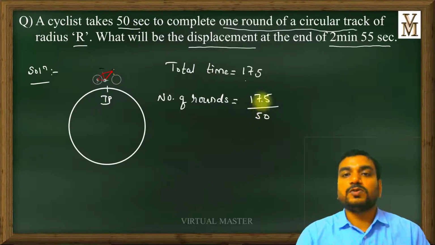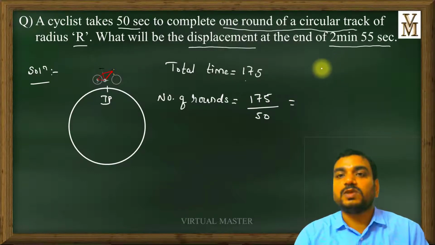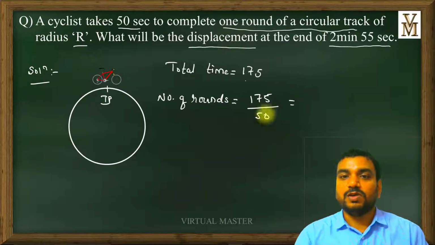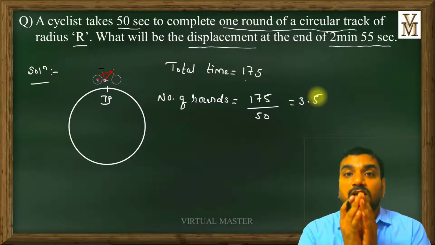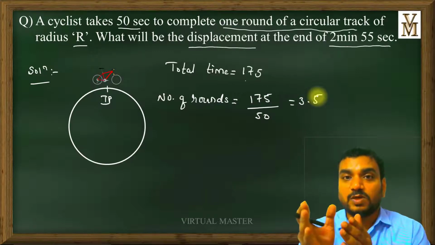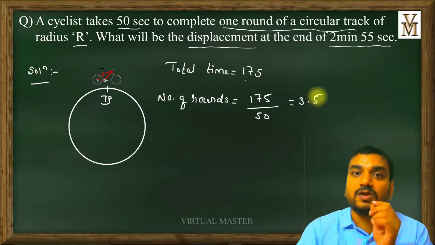If you divide 175 by 50, you get 3.5. That means at the end of 175 seconds the cyclist is going to complete 3.5 rounds.